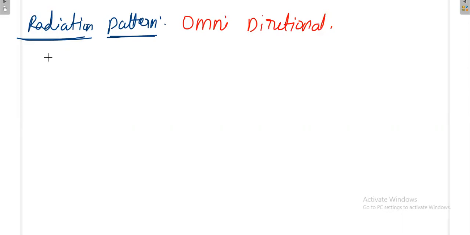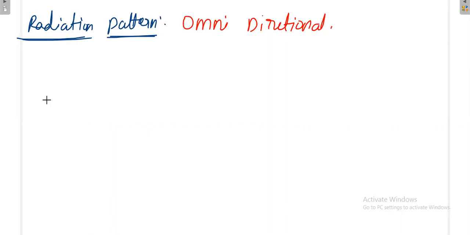Let's see what is the meaning of omnidirectional. When you have omnidirectional, you will have uniform radiation in the horizontal plane.